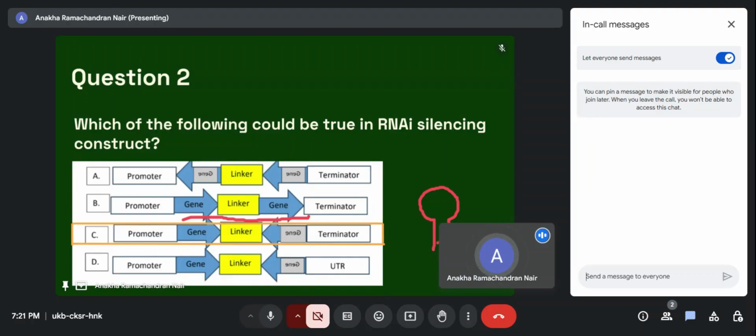And those complementary regions can bind to each other as double-stranded RNAs, right? And this linker region is what is forming this hairpin loop structure, right? So this is the construct that is going to work for this reverse breeding. That is the RNAi silencing construct, right? So if there are no doubts regarding this question, let's move on to question number 3.